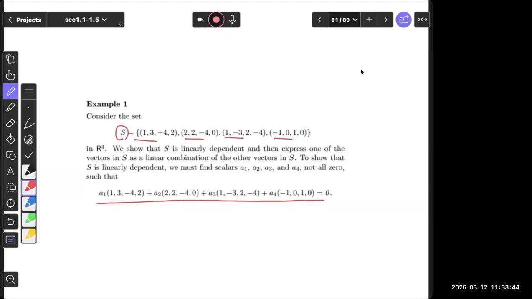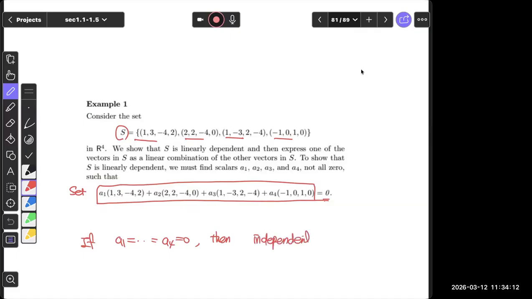I mean, you need to set the linear combination of the given vectors equal to 0. If A1 up to A4 must be zeros, then the vectors are independent. Otherwise, dependent.